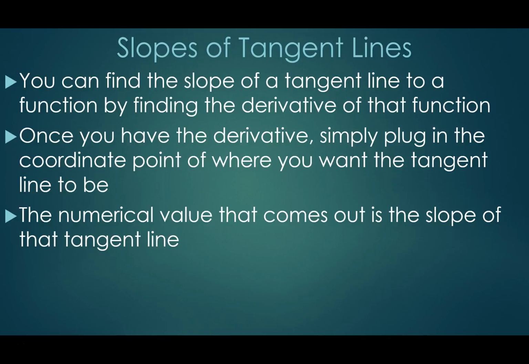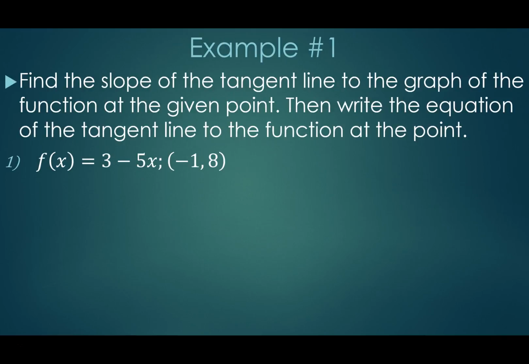So we can use these derivatives to write equations of tangent lines using the point it's tangent to and then finding the slope of the tangent line with the derivative. So that's what we're going to work with right here. We want to find the slope of the tangent line to the graph of the function at the given point. So we find the slope first, then use the slope at the point to write the equation of the tangent line. In order to do this, we need to find the value of the derivative.